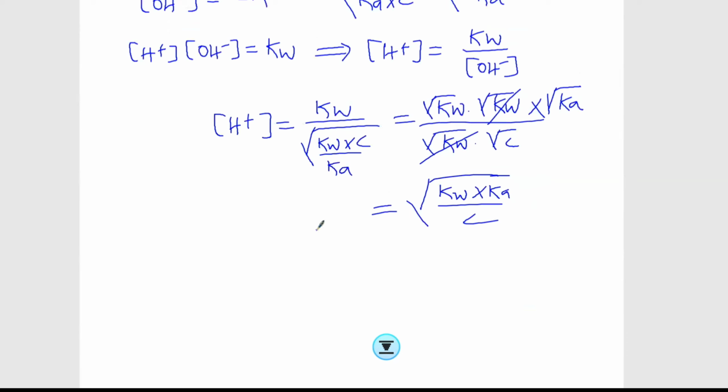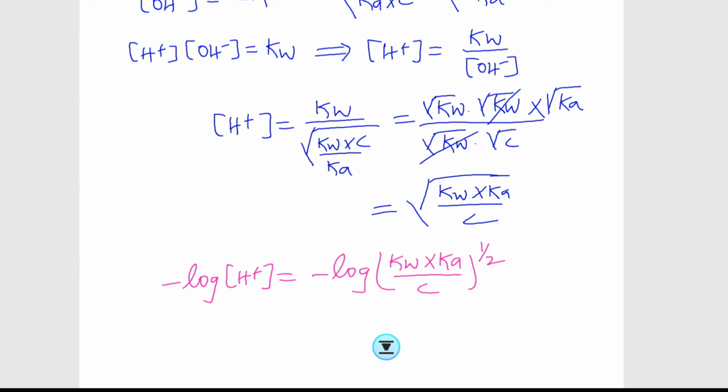If you want to calculate pH, we just have to apply log. So minus log of the concentration of H plus will be equal to minus log of KW into Ka divided by C, the whole to the power of 1 by 2.